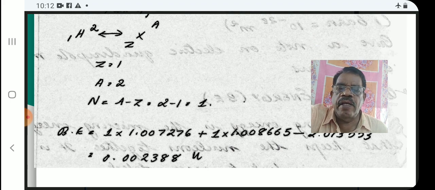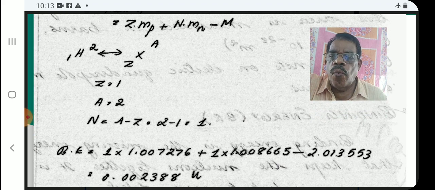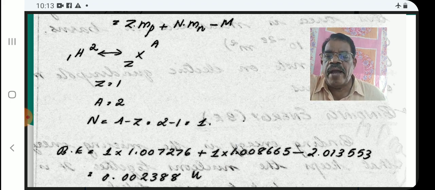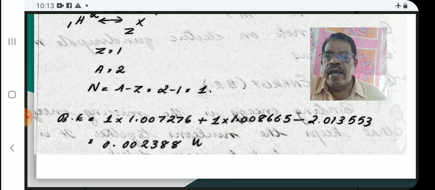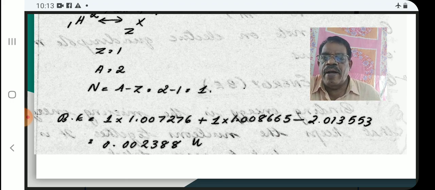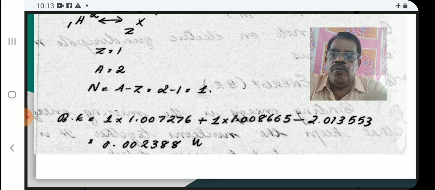So binding energy equals 1 into 1.007276 plus 1 into 1.008665 minus 2.013553. You multiply and subtract. Then we get B is equal to 0.002388 U. That is actually the mass defect. Mass defect is equal to binding energy when we express in U, the numerical value.